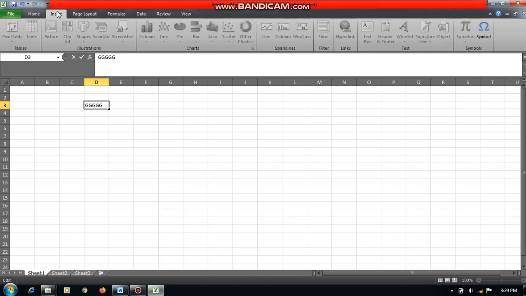These are the different types of graphs. Insert. This is the column. Suppose we are drawing some data table here, 8, 9, 10. So this is our simple data table.